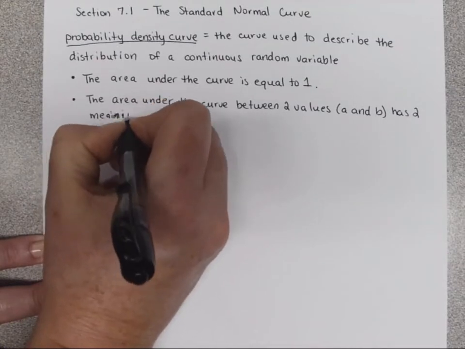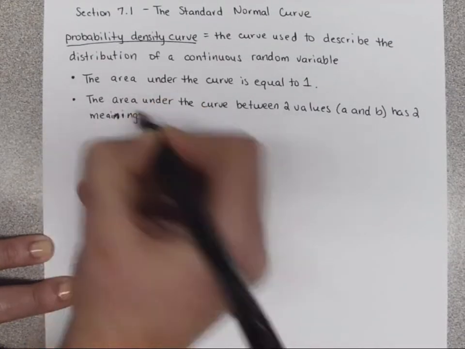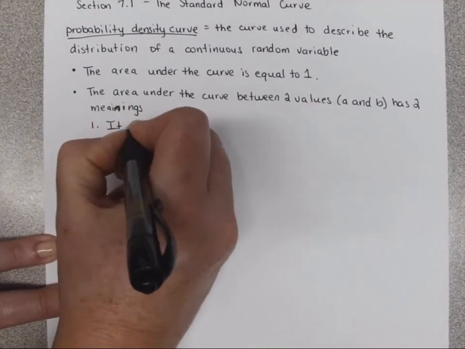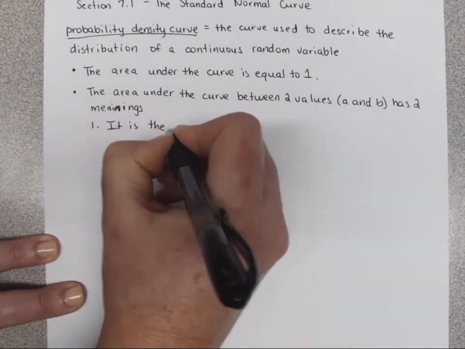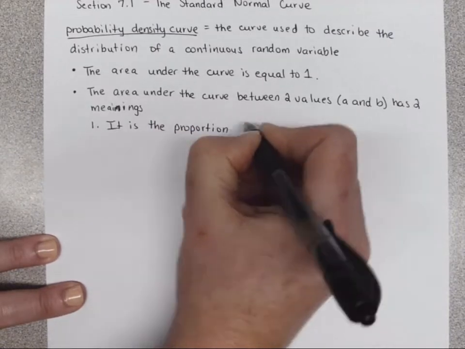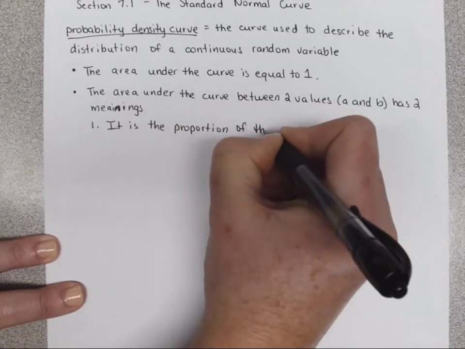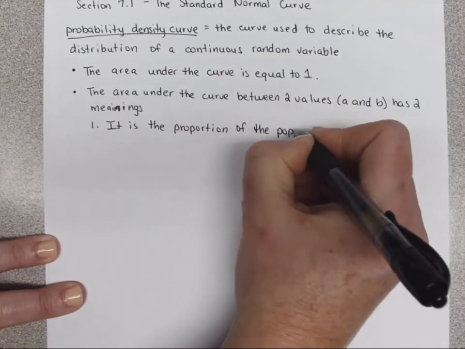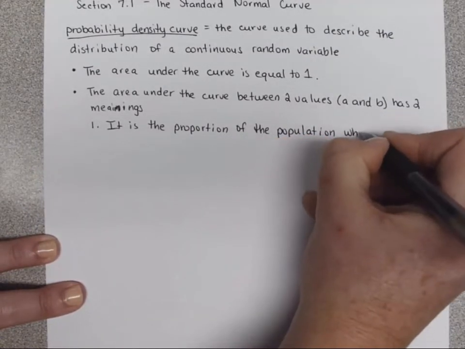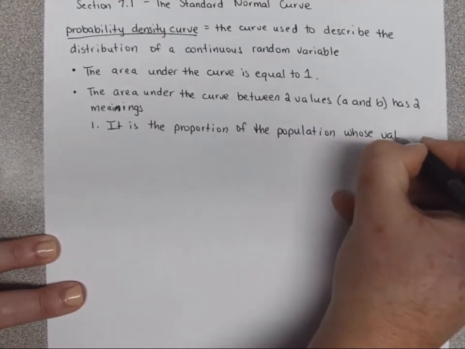The first meaning is that it is the proportion of the population between those two values. Remember, the population is the whole big group, right? So it's the portion of the population whose values are between A and B.